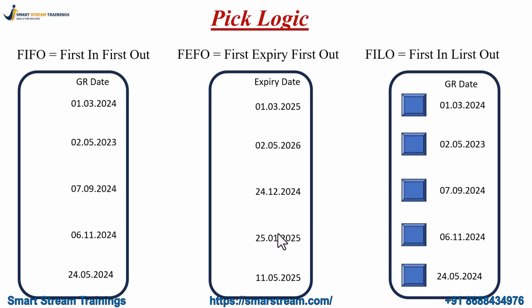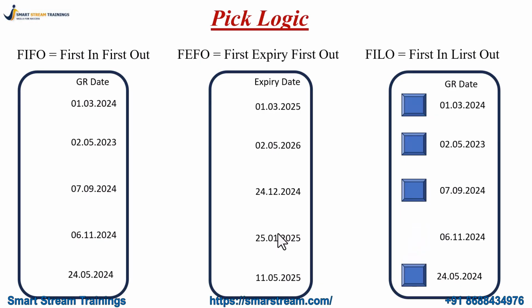Here you can say the last product which we have stored in the warehouse, the last but one, we stored in the 11th month of 2024. So this was the last product stored there, so that will be issued first.